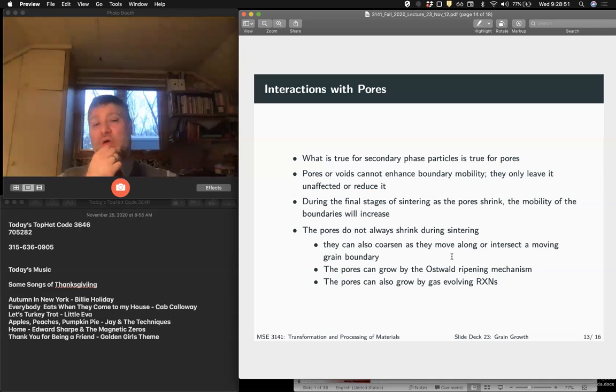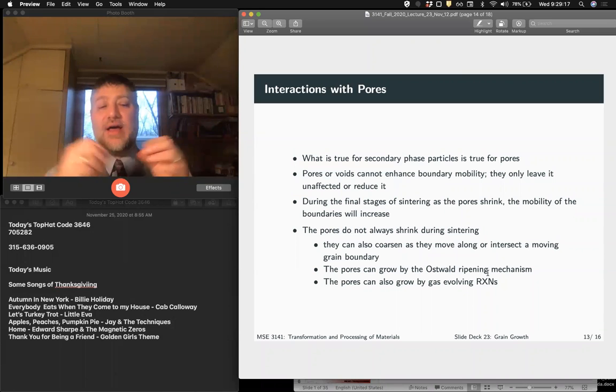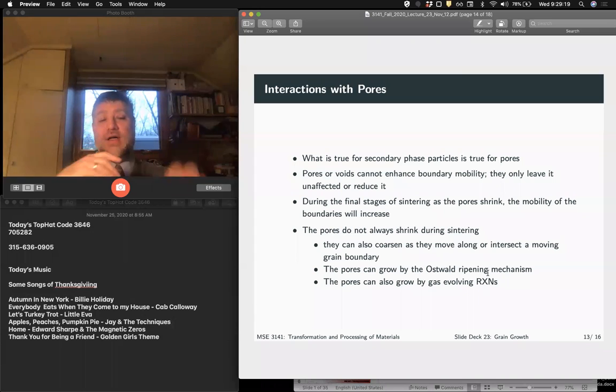Pores don't always shrink during sintering though, right? They can coarsen, just like secondary phase particles can. They can also grow by the same type of Ostwald ripening mechanism that we talked about earlier, right? Small pores can essentially diffuse away and have large pores grow. There can also be evolving gas reactions.